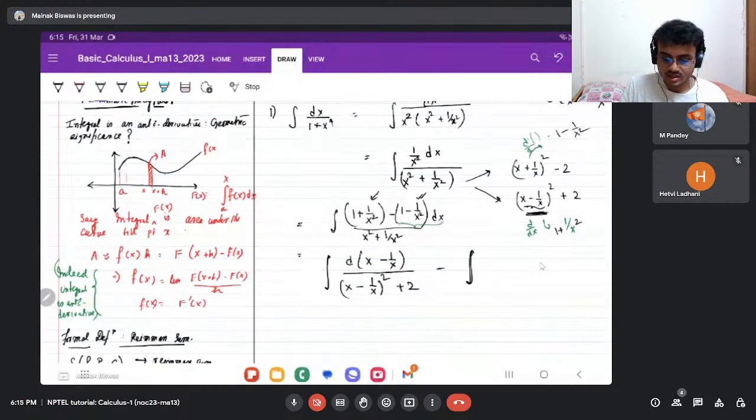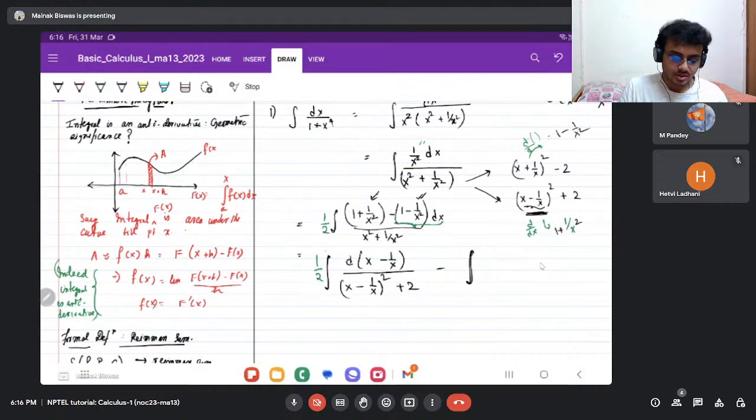Is it not clear? So the second part, what can I write it as? I have written 1 over x square as a sum of 1 plus and 1 minus, so it will be 2 by x square. I have put a 1 by 2 outside.